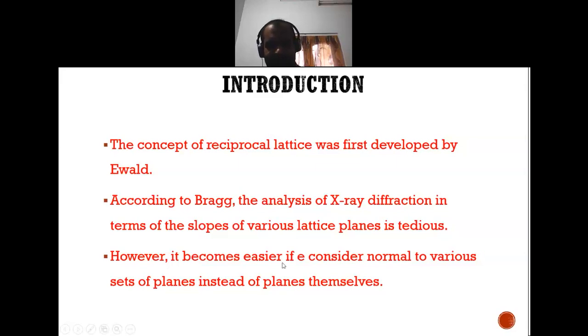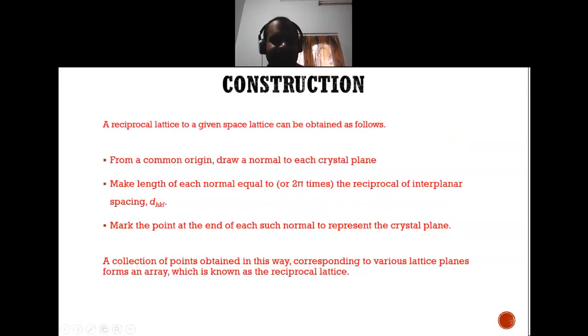However, it becomes easier if we consider normals to various sets of planes instead of planes themselves. If we can draw normals to various sets of crystallographic planes from a common origin, then analyzing these X-ray diffraction results becomes easier.